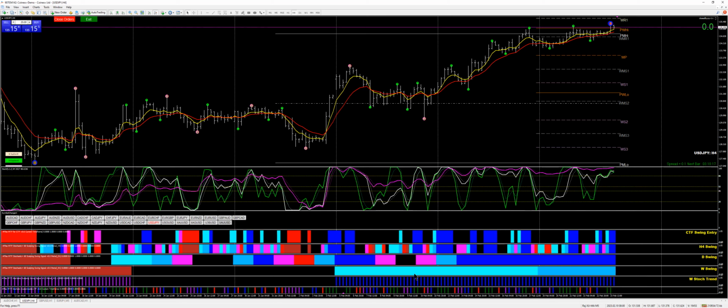So that's why when the weekly, daily, and 4-hour come into sync, it's a very powerful indicator that the price is moving up. And then when you get a signal like this one here, and this wasn't ready, so this wasn't a signal.